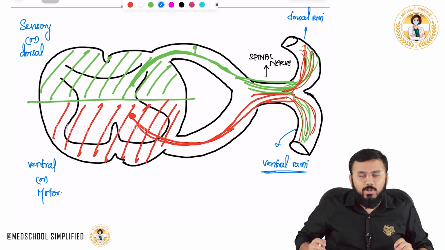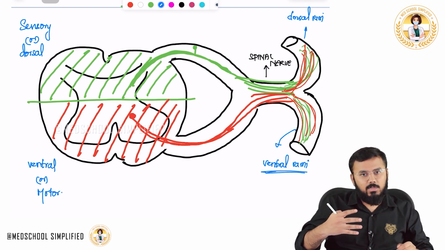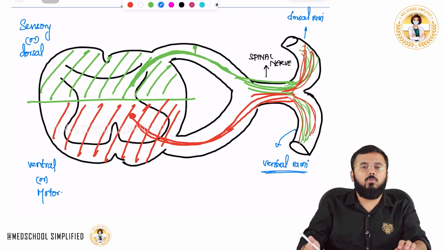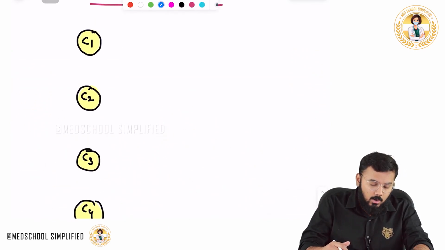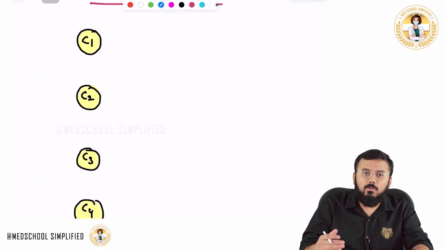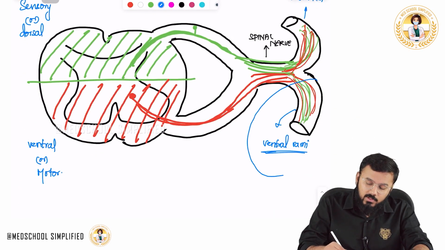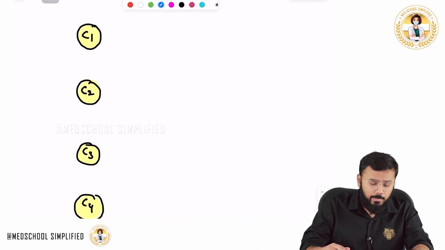The ventral rami come forward like this. From the right side, the ventral rami branches will come, and from the left side, the ventral rami branches will come. Together they join and form what? Plexus. So that is what I am telling you: the cervical plexus starts from the ventral rami of C1 to C4.